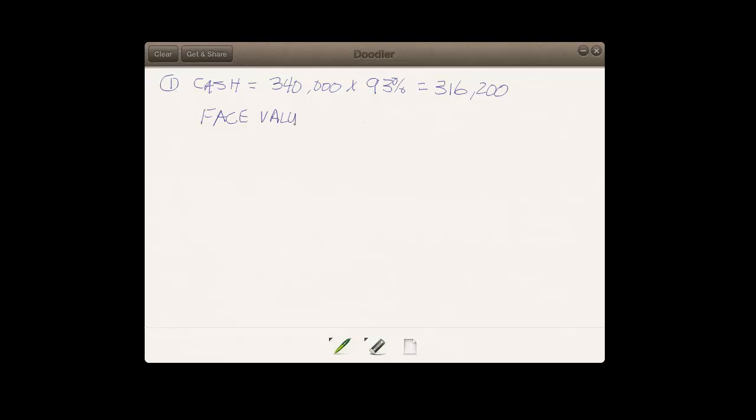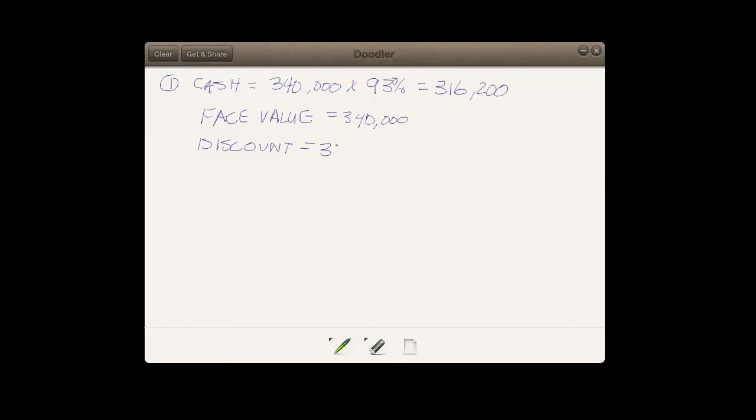Okay, we also need to know the face value. And what's the face value? It's $340,000. It's given in the problem. And the last thing we need to know is the discount. The discount is the difference between the two.